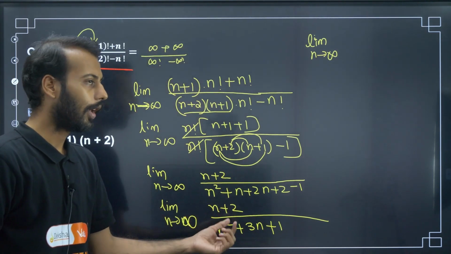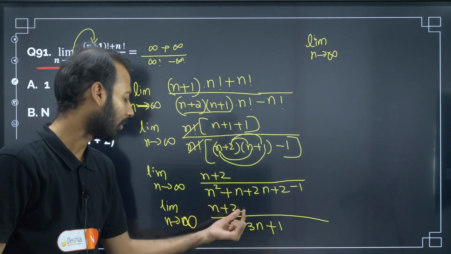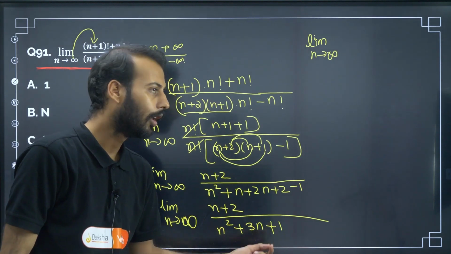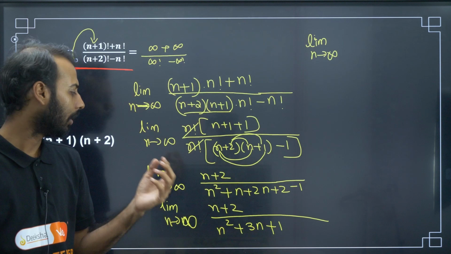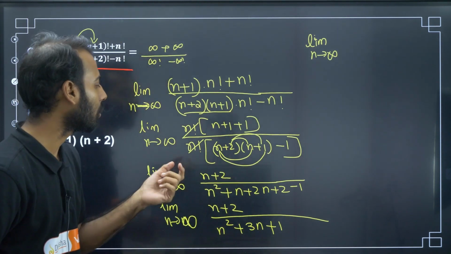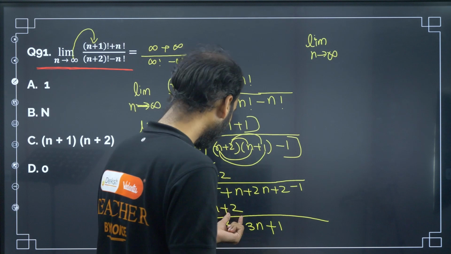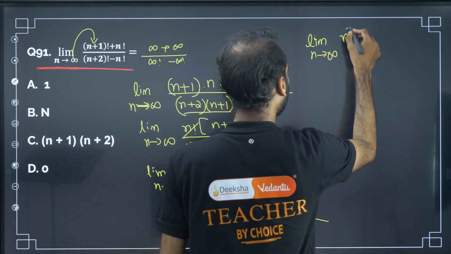In the numerator, as I said, if I go for substituting infinity, infinity plus something is infinity only, and infinity square is infinity. Infinity by infinity. Here this is an algebraic expression, so whenever it is algebraic, the term or the factor which is causing the indeterminate form, we have to eliminate. So let me take n square common.